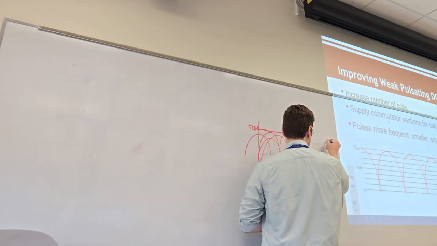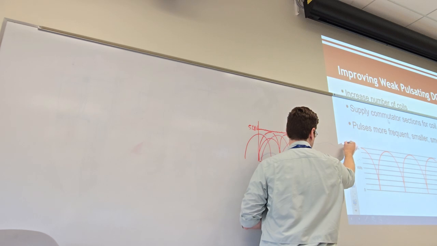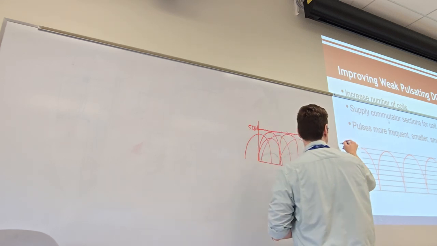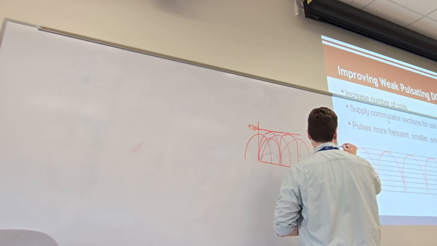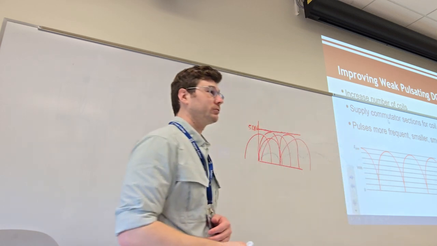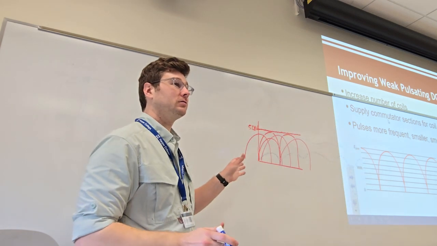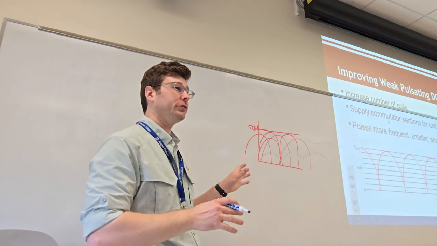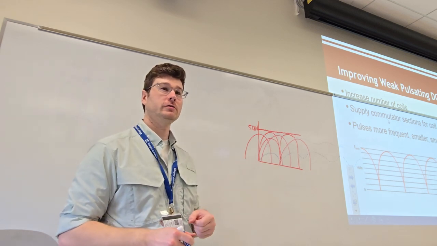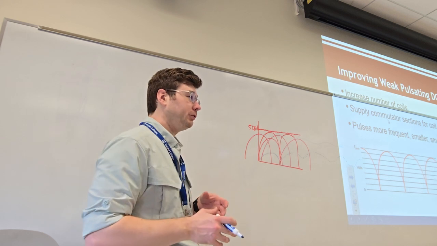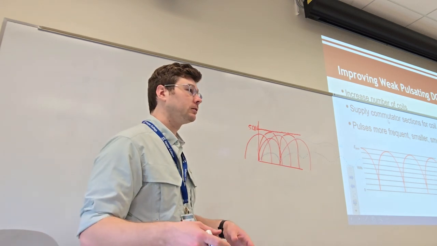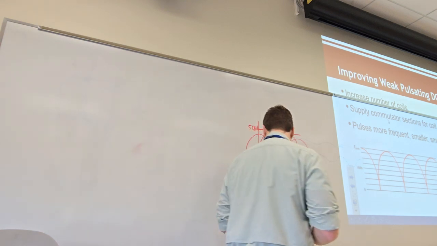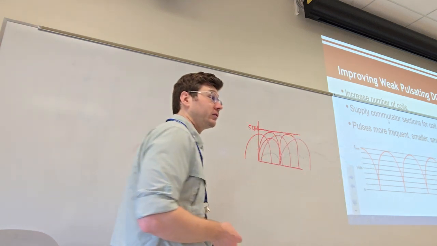Our waves, the difference between our positive and negative, is much smaller. Sorry, hope the difference in color is worth it. Does that make sense? Between like why having lots of small frequent pulses is better than infrequent big pulses for this kind of stuff, for getting clean power. Okay, any other questions for what we've gone over so far?